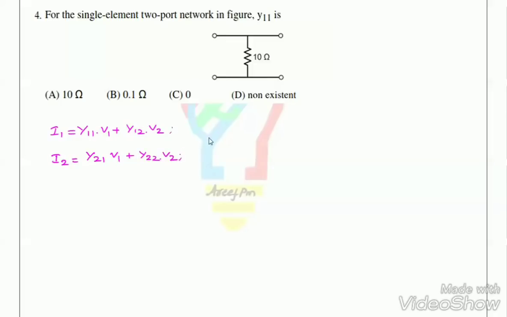In the given question, they ask you to find Y11. So Y11 is equal to I1 by V1 when V2 is made short circuit.